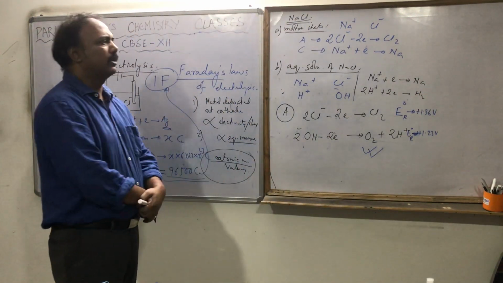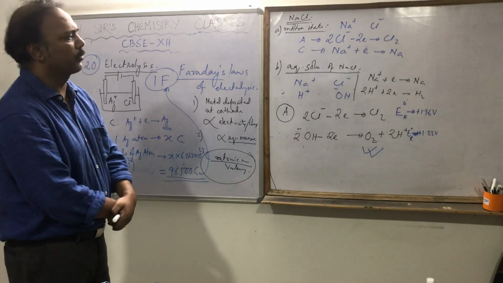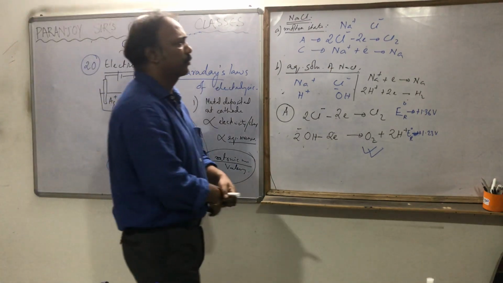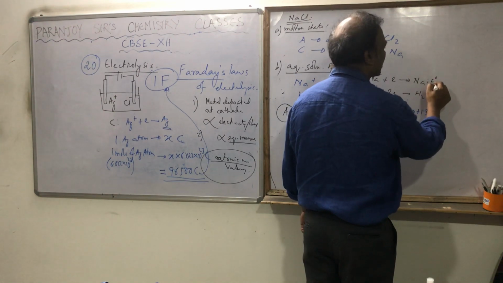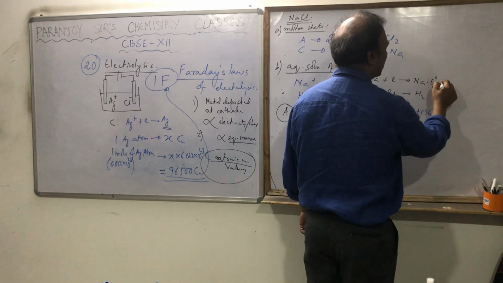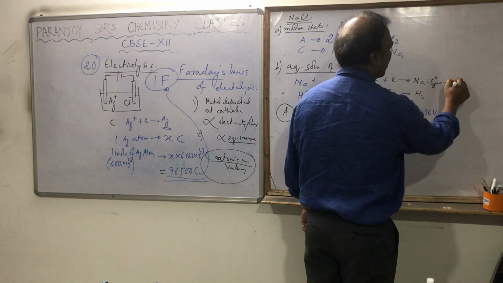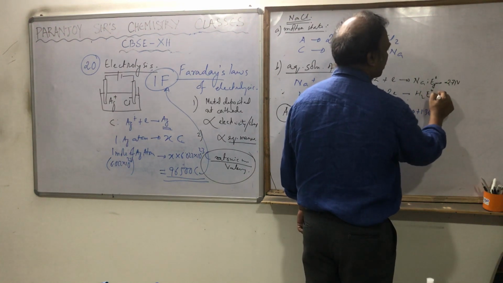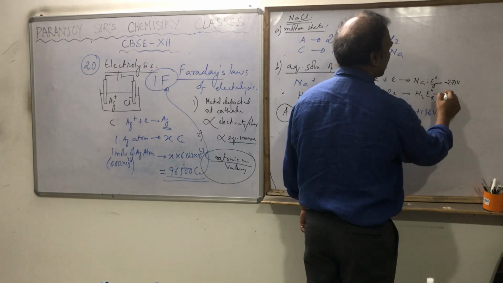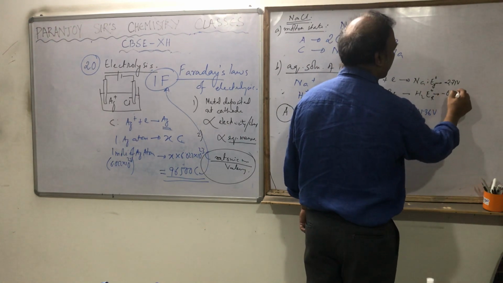So sodium or hydrogen, which will be produced? That is decided by the reduction electrode potential. The reduction electrode potential of sodium is minus 2.71 volt, and the reduction electrode potential for hydrogen is minus 0.83 volt.